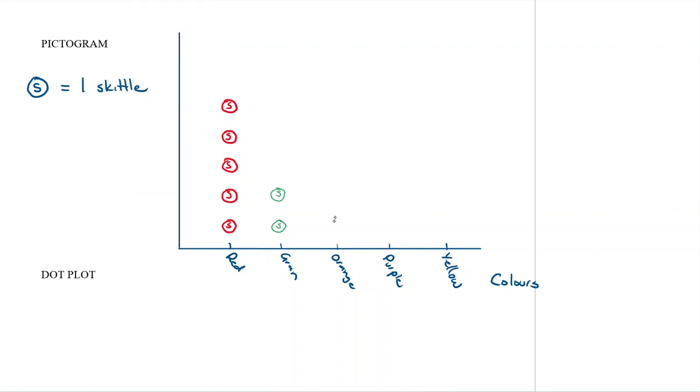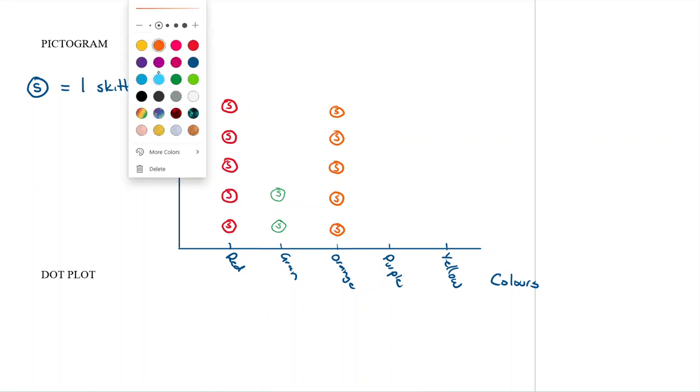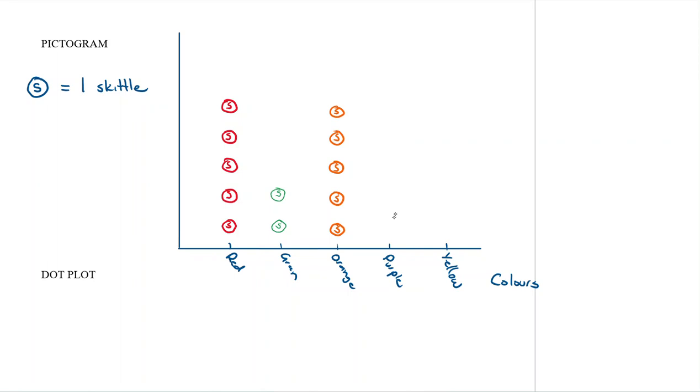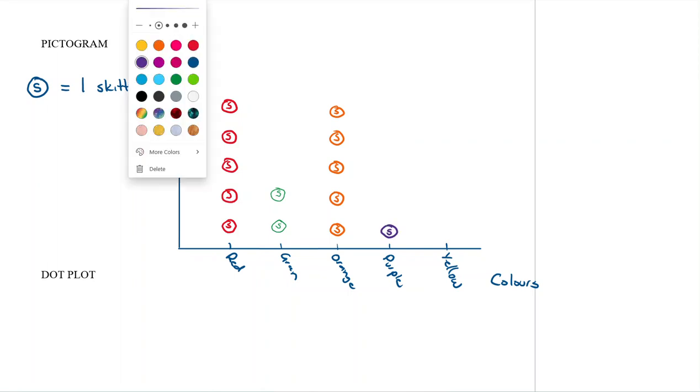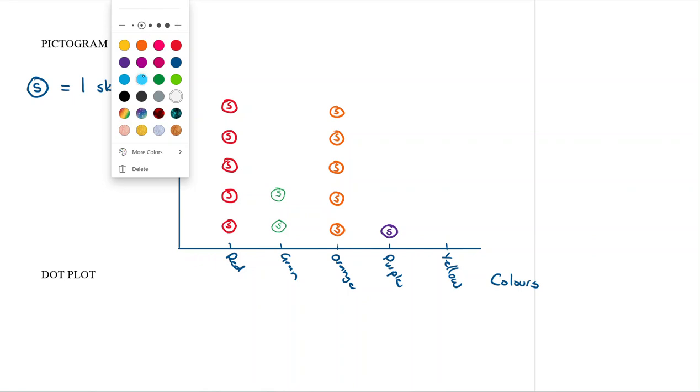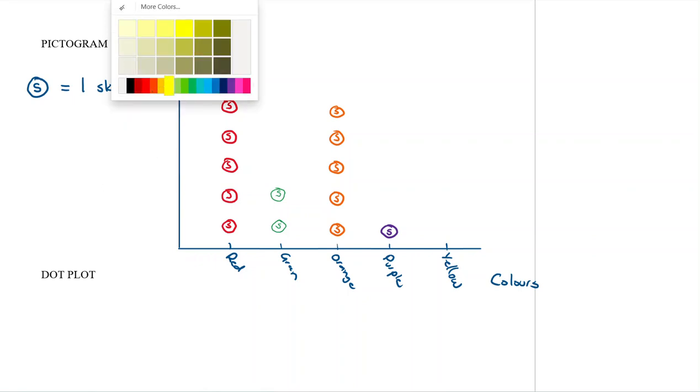Orange. S, S, S, S, S. Now I need purple. 1 purple and 1 yellow. Ooh, how am I going to do yellow? More colours. I need a yellow. There we go, yellow.